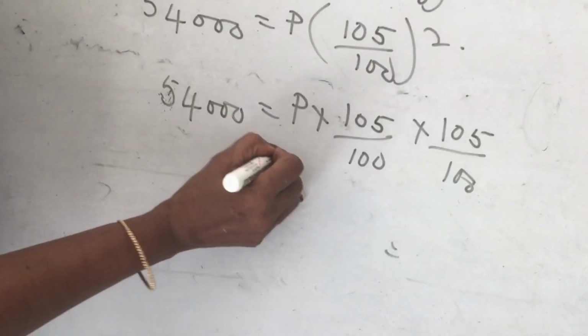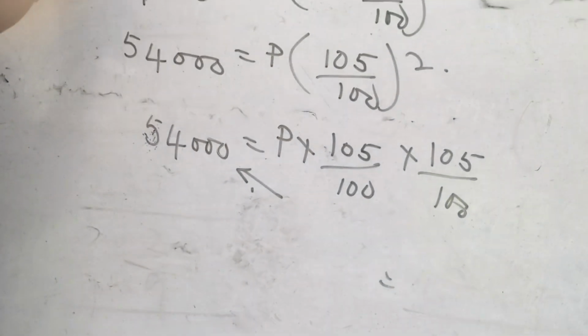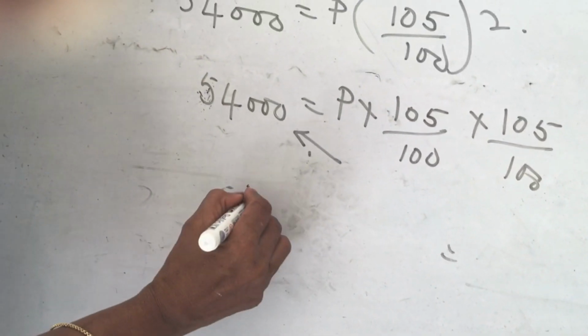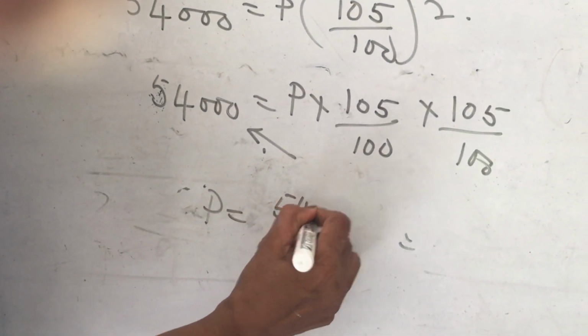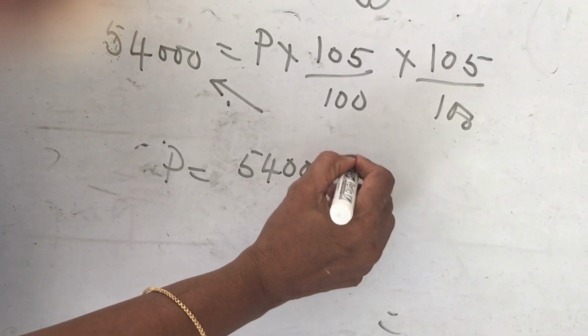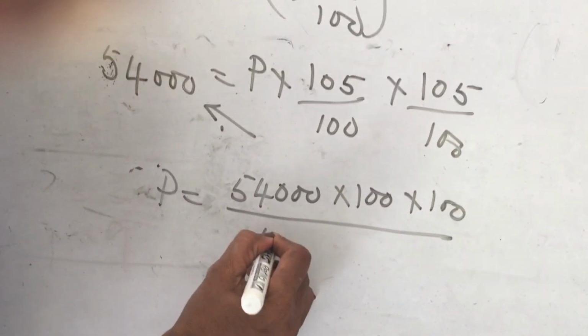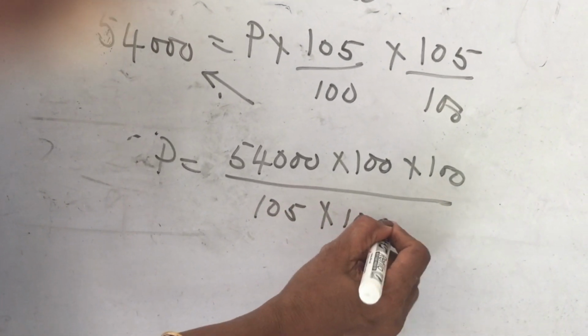I think you know the step of cross multiplication. 54,000 into 100 into 100 by 105 into 105.